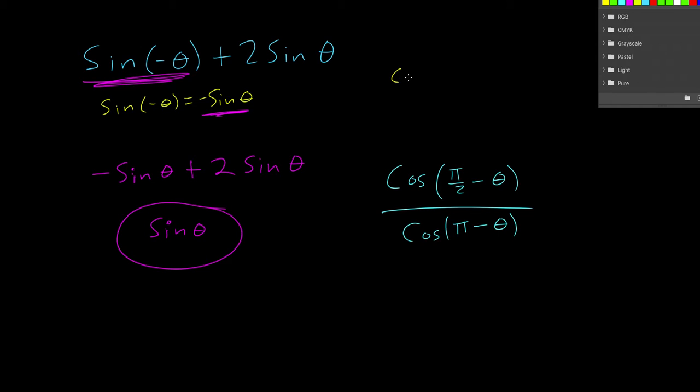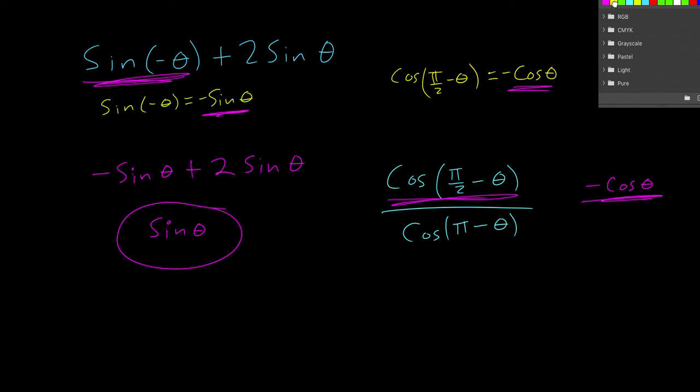So we have cosine of pi halves minus theta equals negative cosine theta. So this top one, we're going to replace the top with this thing. So we get negative cosine theta.